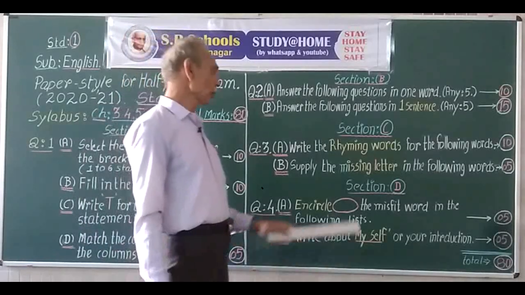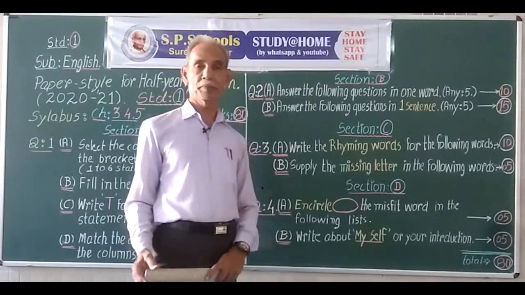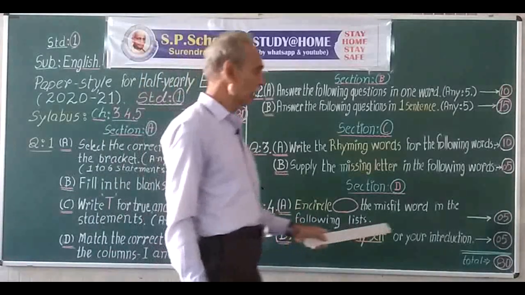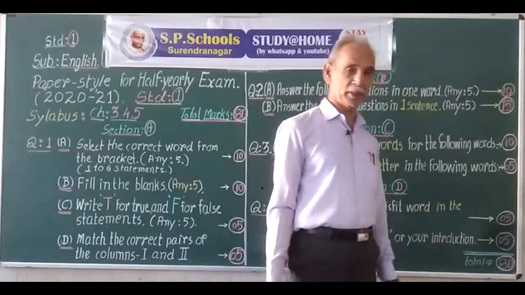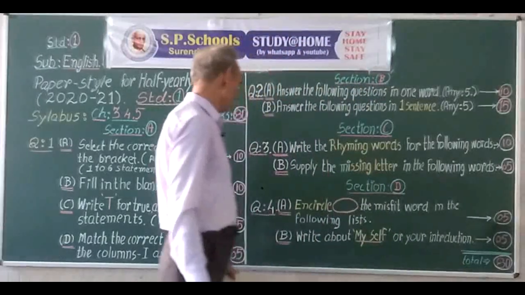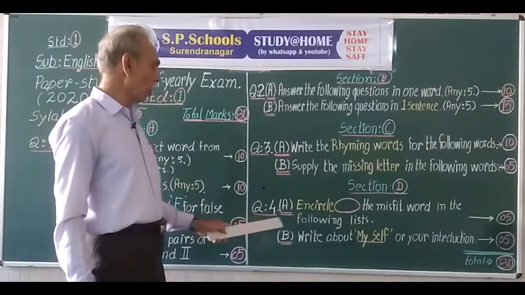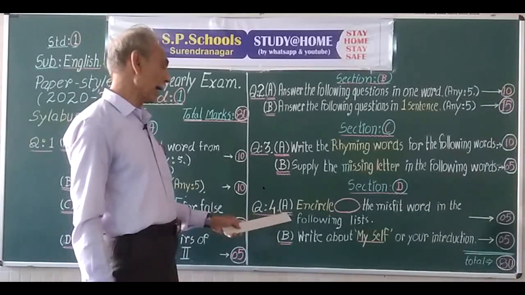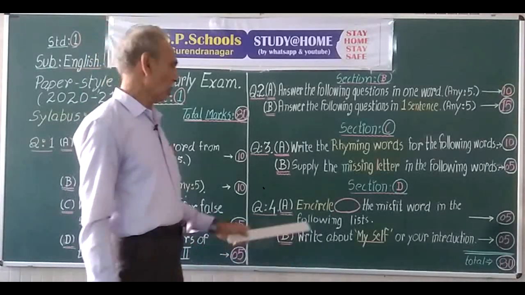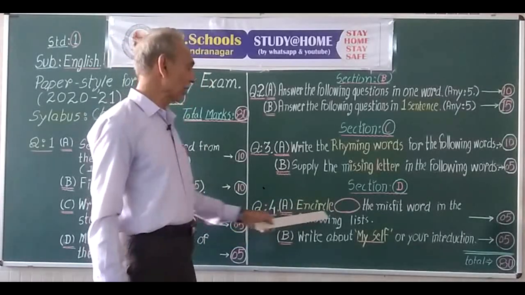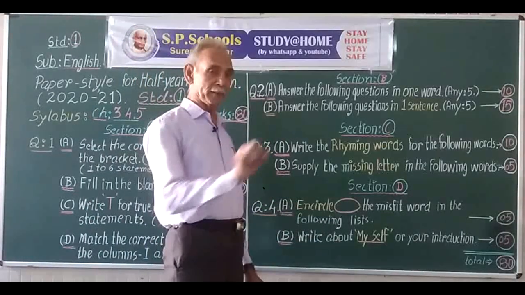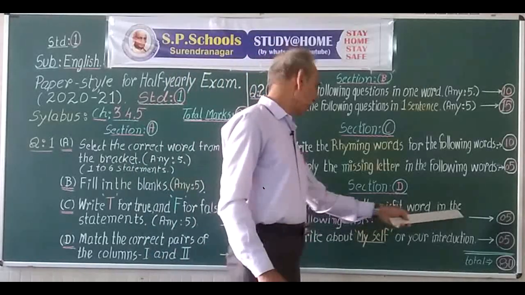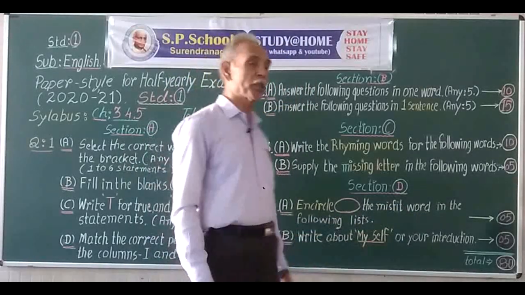Now, over to Section D. Section D is of 10 marks. Question 4A of Section D: circle the misfit word in the following list.